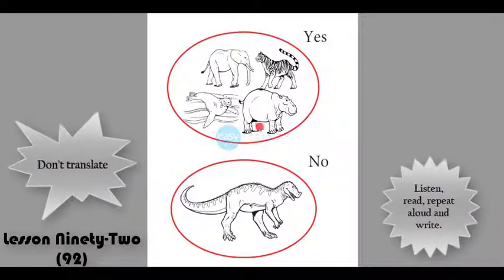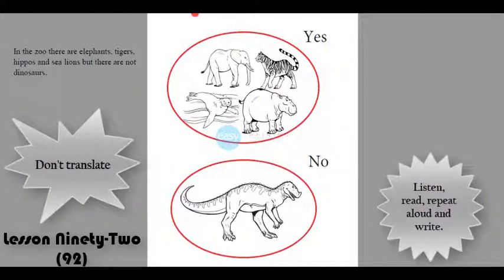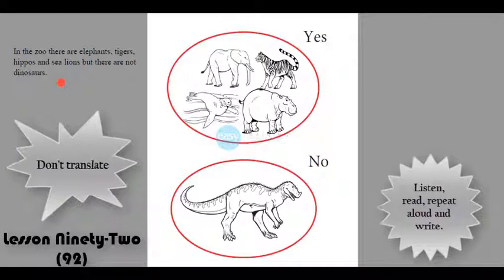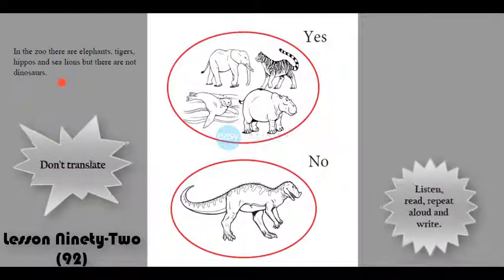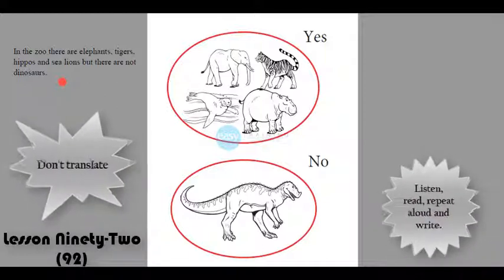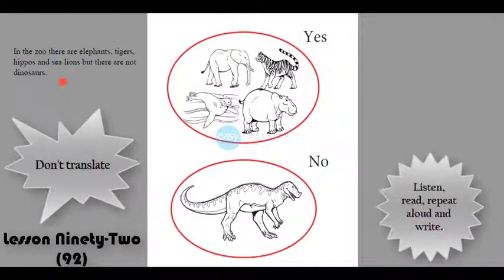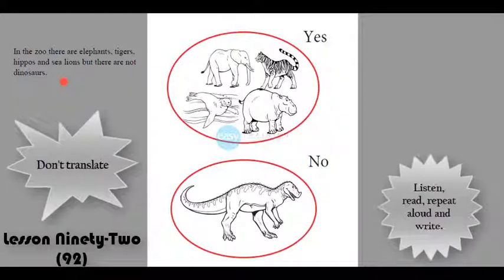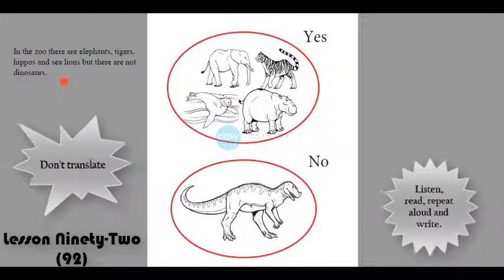Let me write this. Here is the sentence. In the zoo, there are elephants, tigers, hippos, and sea lions, but there are not dinosaurs. You got it? Now we are turning to the next activity, activity number 2.